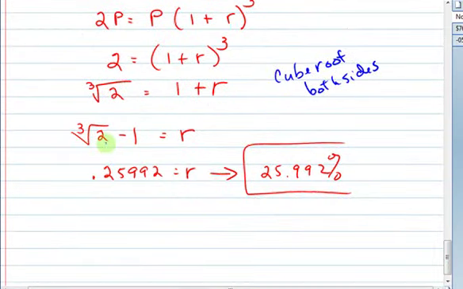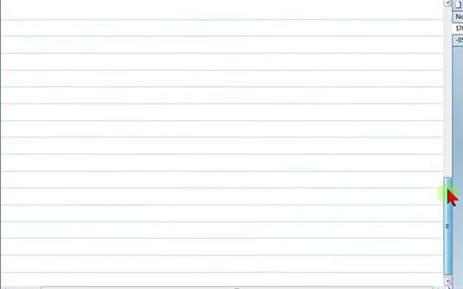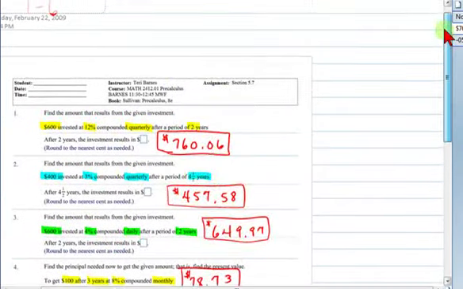So you do cube root of 2. And remember that's math. And then there's a little cube root thing. And you can do cube root of 2 minus 1. You get this. Turn it into a percentage. It's 25.992%. Okay? All right.